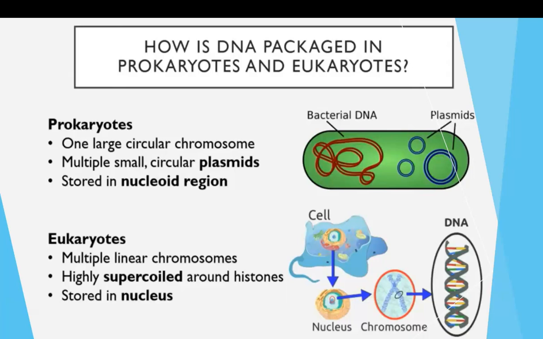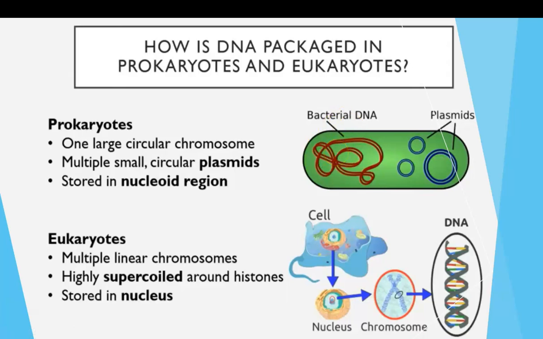They don't have any nucleus, so that's why their DNA is located in an area that we call the nucleoid, which doesn't have any membrane or boundary around it. But this is the region where the DNA is located.